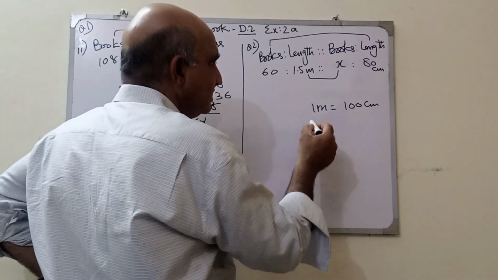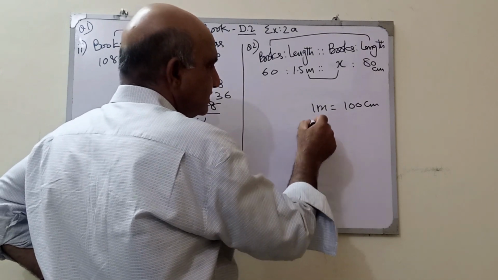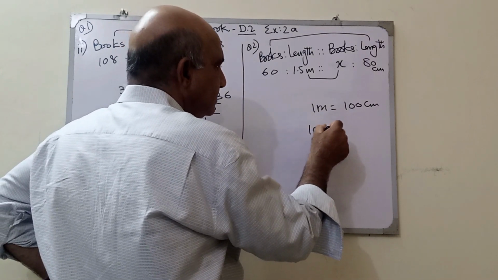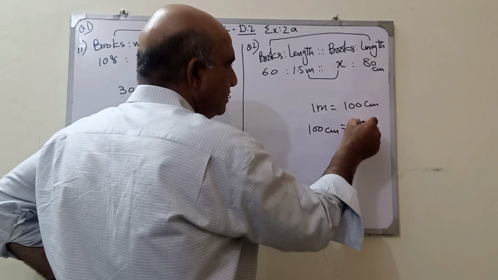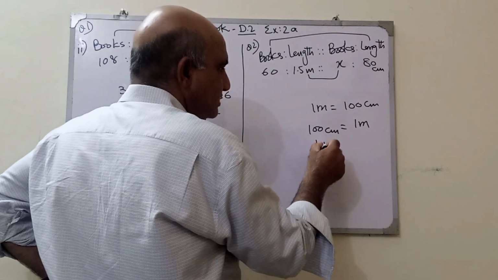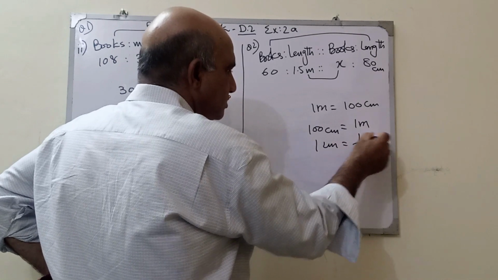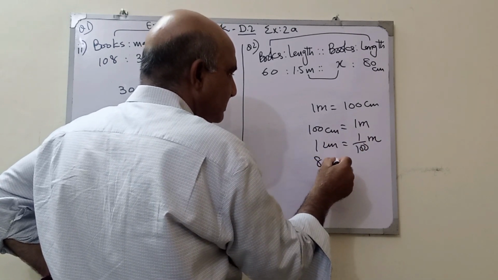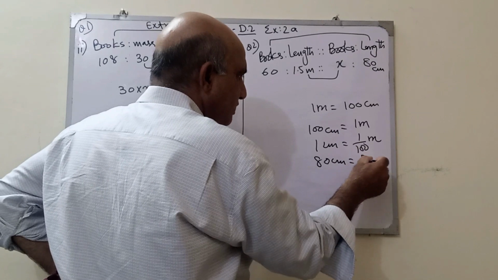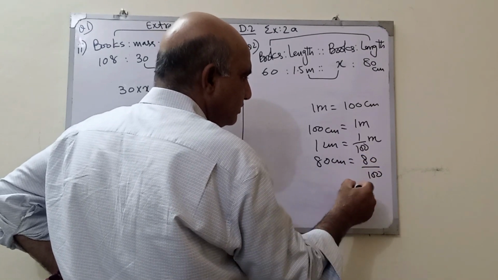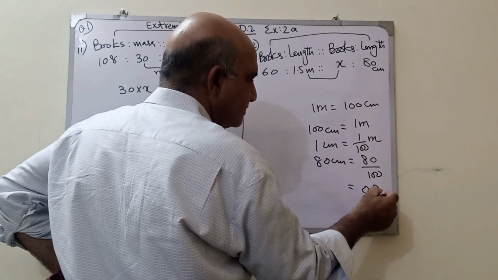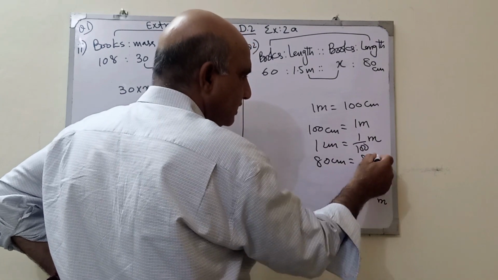So you can say that in 100 centimeter there is 1 meter, and in 1 centimeter there is 1 over 100 meters. So if there are 80 centimeter, then we write it as 80 over 100. We can cancel it and we have 0.8 meter, right?